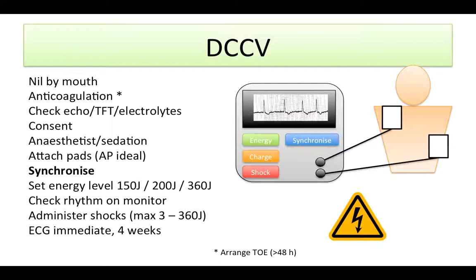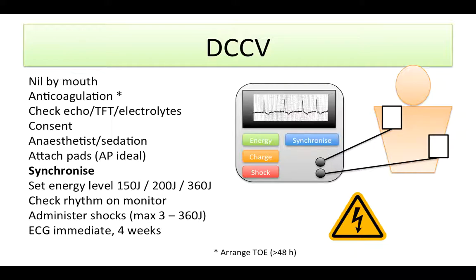In which case you'd stop the procedure, abandon it, explain to the patient it was unsuccessful, and then you may want to repeat the cardioversion at a later date, but with other antiarrhythmics on board. For example, you may want to add in amiodarone, and then you would do an ECG immediately afterwards to document that there is sinus rhythm, and then you bring the patient back in about 4 to 6 weeks' time, where you would repeat the ECG and check to see whether they've maintained sinus rhythm.